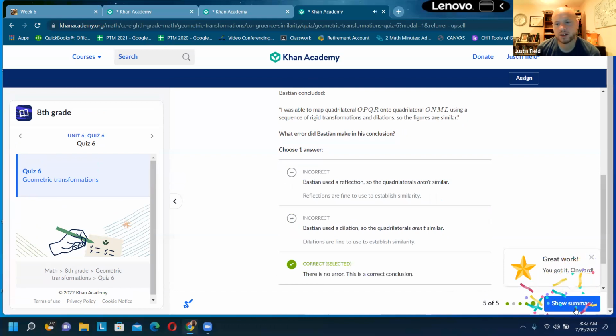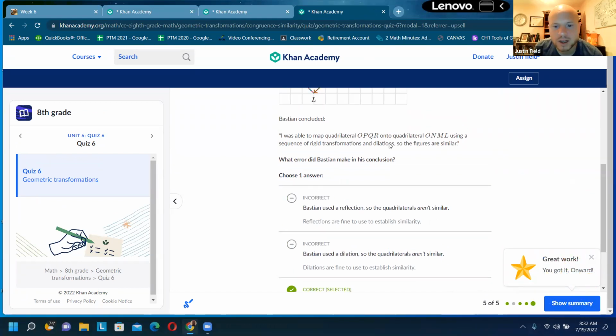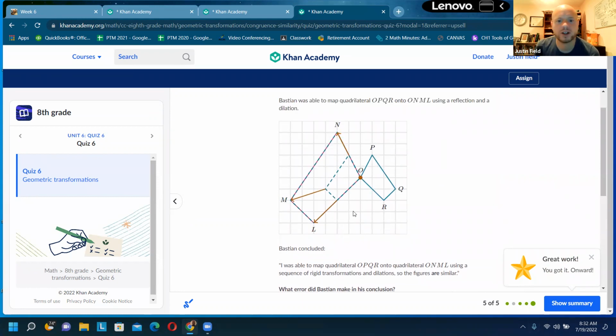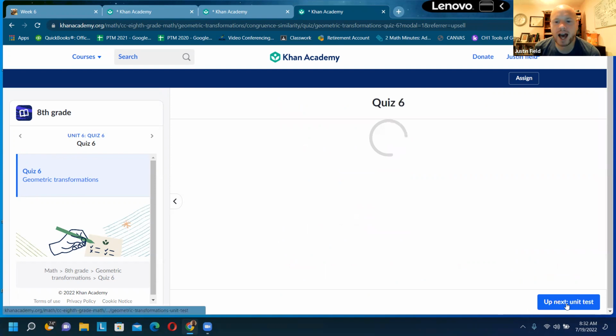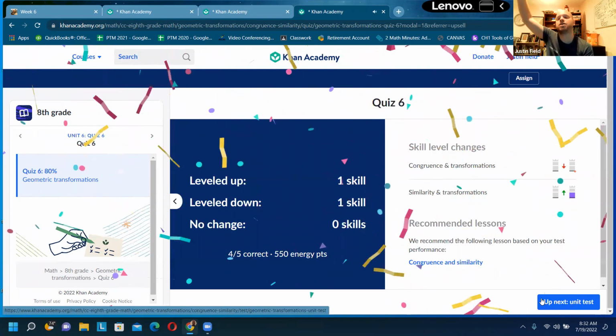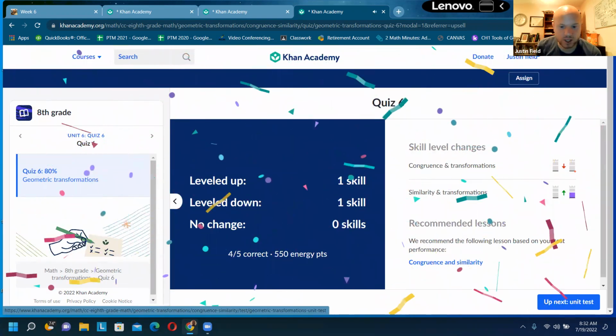So it's okay. All right, I learned from the first one. I have to look at the picture to see what transformations the student used in order to see if their justification is correct. And with that, we have finished our prep for high school geometry.